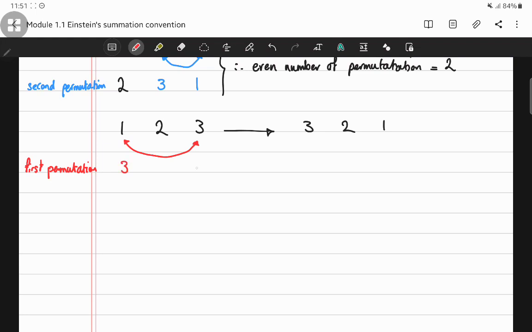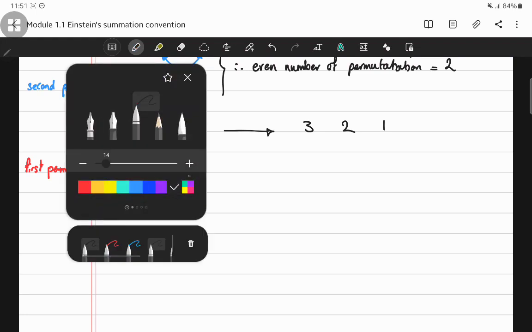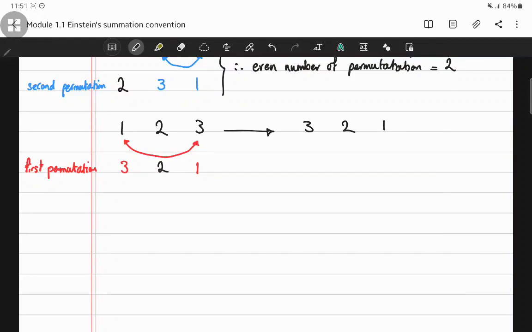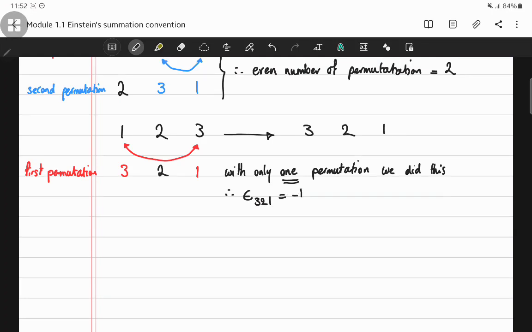So you have 3 here, 1 here, and you have 2 here. With only one permutation, we did this. Therefore epsilon 3 2 1 is equal to -1.